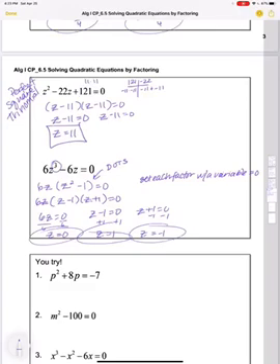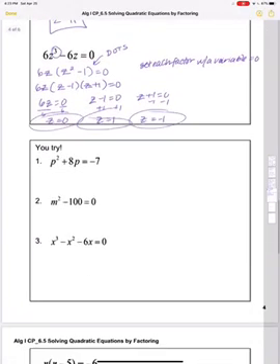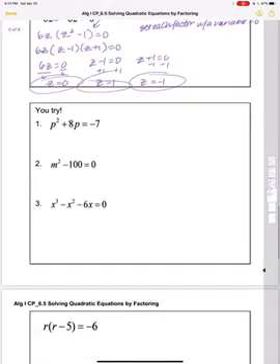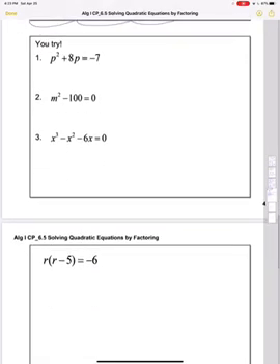All right, now we've got some examples for you to try. So what I want you to do here is pause the video and then unpause it and see if you got the correct answers. All right, so what we need to do here is it will be p squared plus 8p plus 7 equals 0.